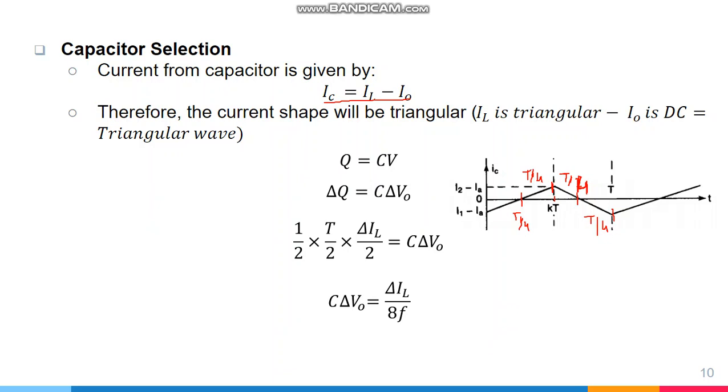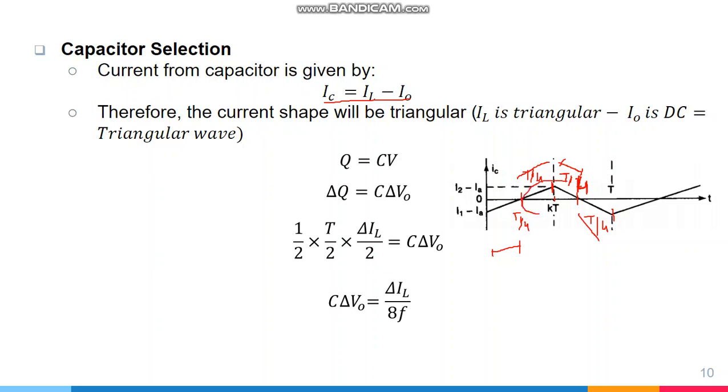Why? Because the waveform from the inductor was triangular in shape and we are subtracting a DC level from it, so the waveform is only shifting upward or downward and the shape will still be triangular. So the time from here to here is T by 4, and this time is T by 4, then this time period is T by 4, and from here to here this is T by 4.